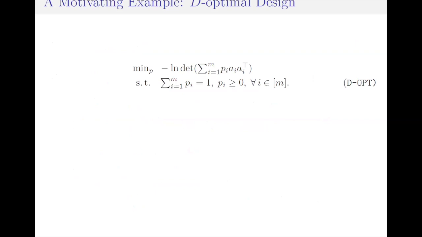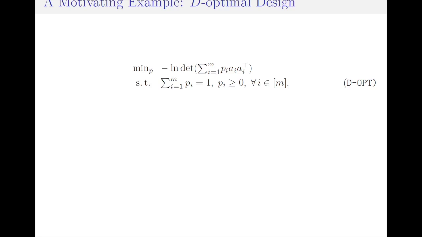Right. So now let me introduce some applications. The first application is my advisor Rob's favorite application. This is the D-optimal design problem, which is a very old problem. It originates from the 1970s, when statisticians tried to design experiments, to select points to design a good experiment.